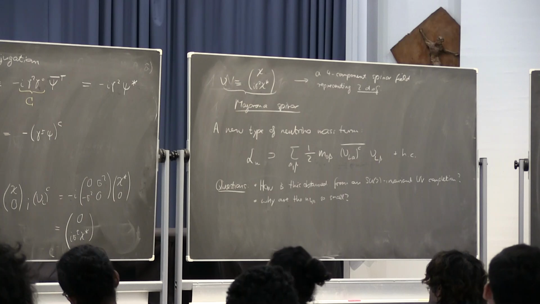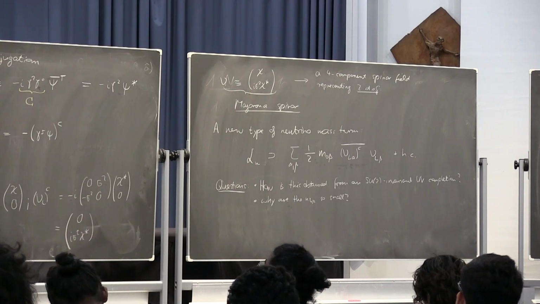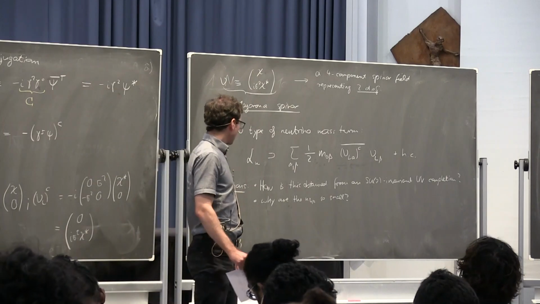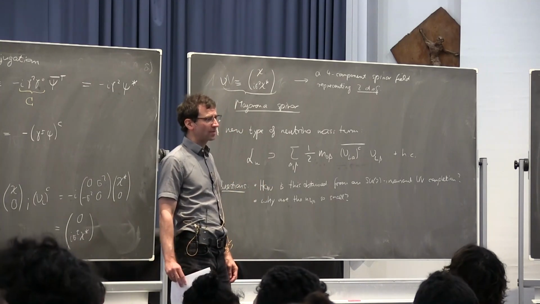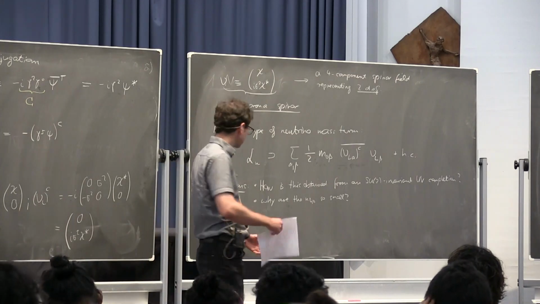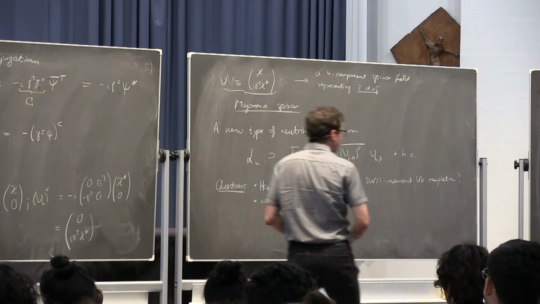So that's something I can't do. Therefore we need to talk about how to resolve this. And perhaps the most popular way to solve both of these problems is the so-called seesaw mechanism, which we are going to talk about next. So that's, let's see, my numbering, yes, this should be 1.3.